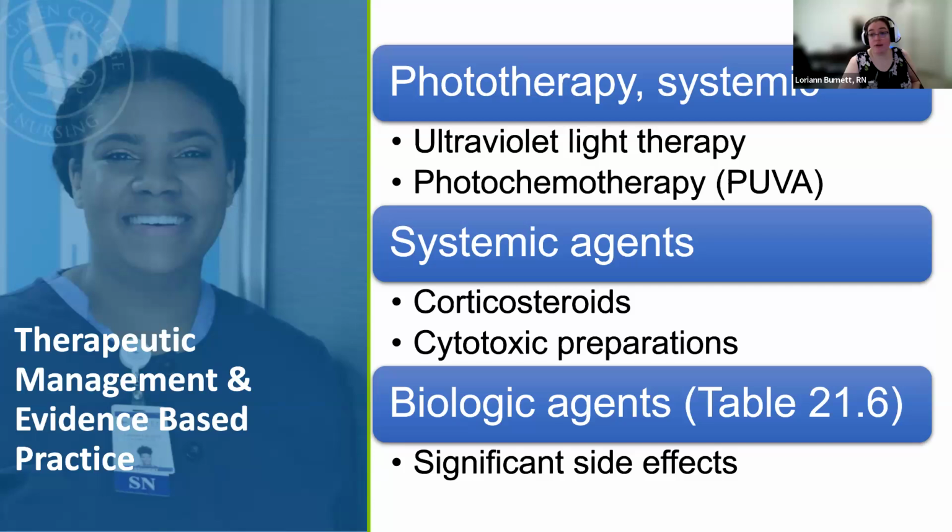But if we're shoving UV light on our patient, who's most likely a pasty white person, what am I worried about? Skin cancer. Absolutely. So that can be useful, and we'll usually go to a clinic or something like that where they'll have a specific phototherapy. We don't want them to go into a tanning bed because, again, even though it's UV light, we want it to be directed and controlled.